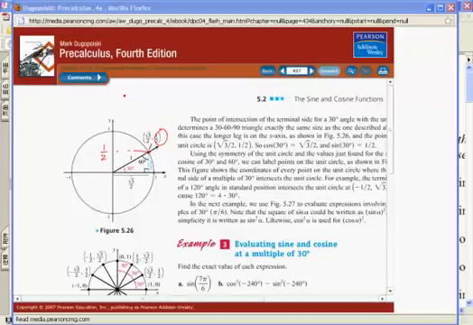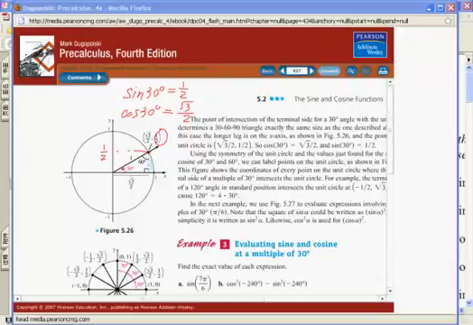Then this implies that the sine of 30 degrees is equal to 1/2, right? And in a similar way, you can find the x-coordinate of the point of intersection, which is equal to √3/2. So that means the cosine of 30 degrees is equal to √3/2.